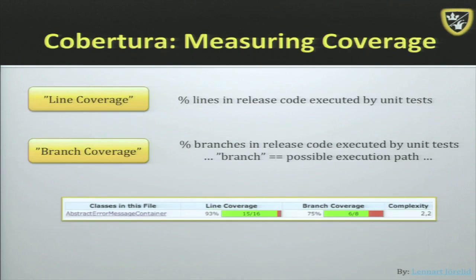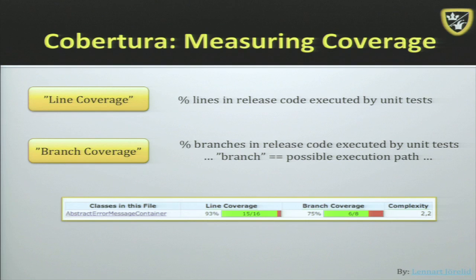So there are two relevant pieces of information. One is line coverage: what percentage of the lines in the artifact code are covered by the unit tests? And the other is what percentage of all execution branches through the code are covered by the unit tests.